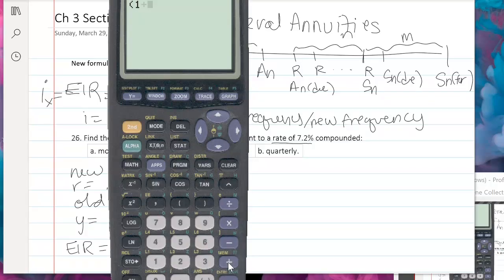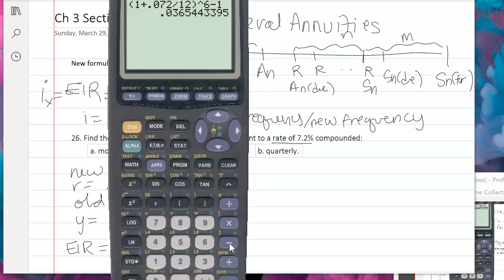So, 1 plus 0.072 over 12, to the 6. Then we subtract 1. I used the negative by accident there.